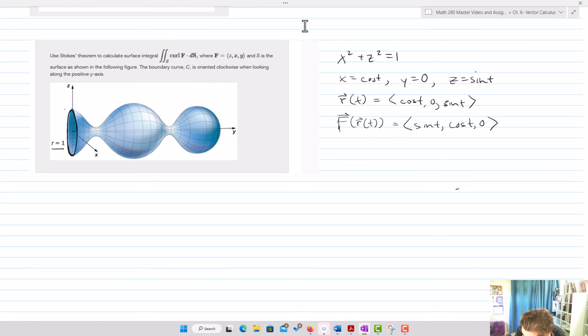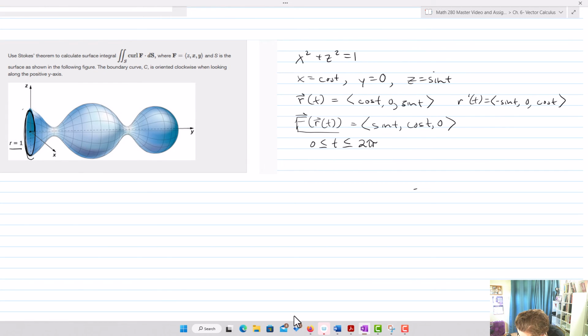Okay, and I want to note as well that my t is going to be greater than or equal to 0 and less than or equal to 2 pi, excuse me. So I can now take the dot product of f and r prime of t. So r prime of t is going to equal negative sine t, 0, cosine t.